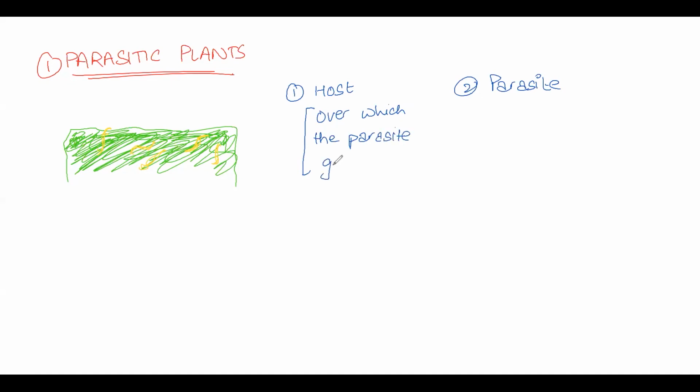The plant over which the parasite grows is the host, and the parasite is that plant which cannot make its own food.